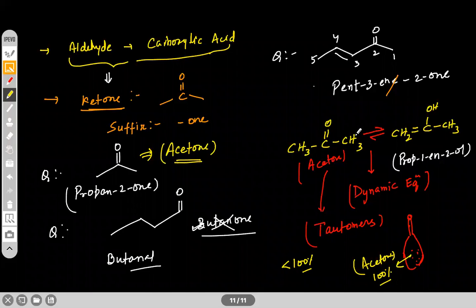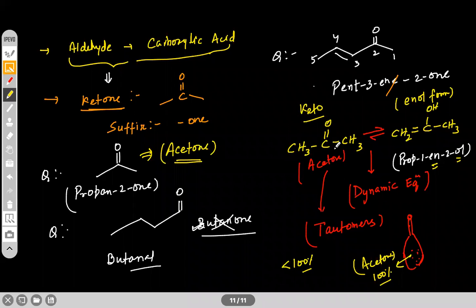Why? Because some part of acetone converted into this form, right? The name of this compound, generally we call it an enol. So this is the enol form. And since we have a keto group here, this is the keto form.